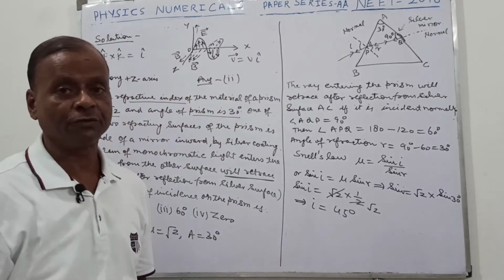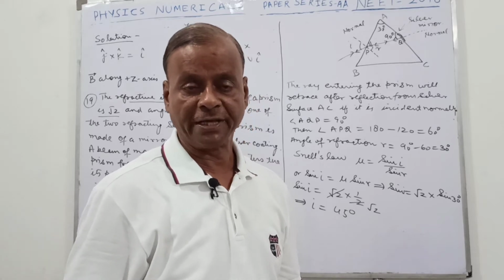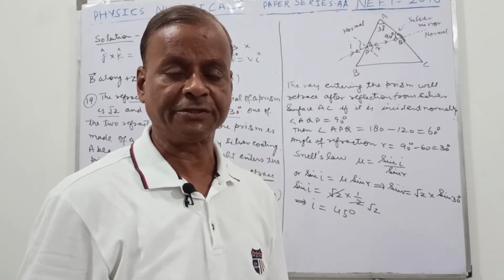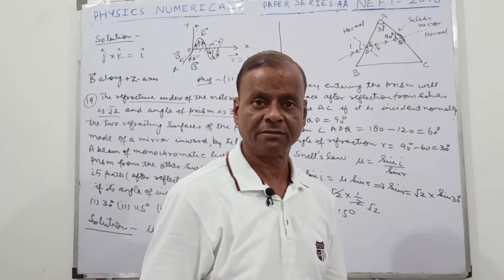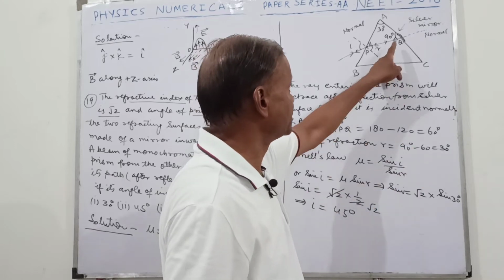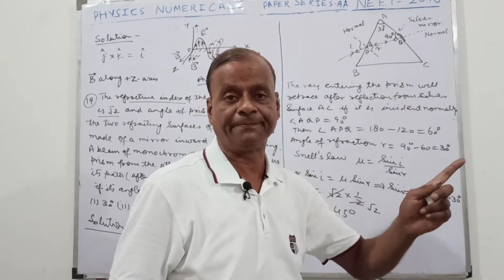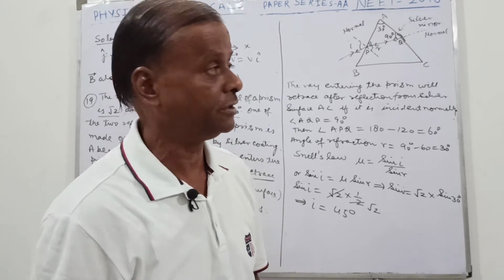So we have to keep in mind that the light ray moving along the principal axis of the mirror always reflects as it is with no deviation, and the principal axis is always at a right angle to the mirror.